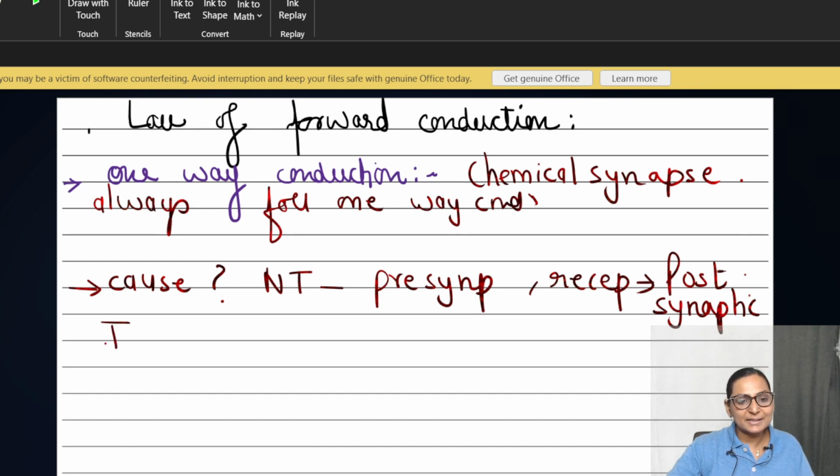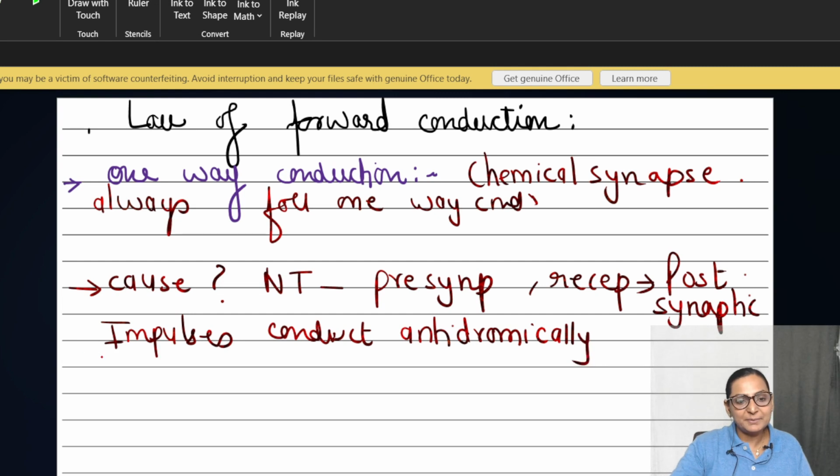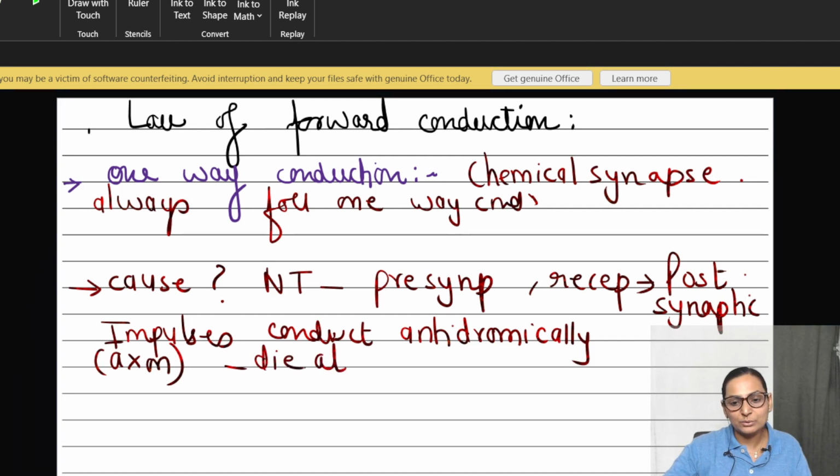So what happens if, even if the impulses try to conduct antidromically, that means they try to go in the axon, they will die out at the soma. Even if they try, they will die out at the soma.